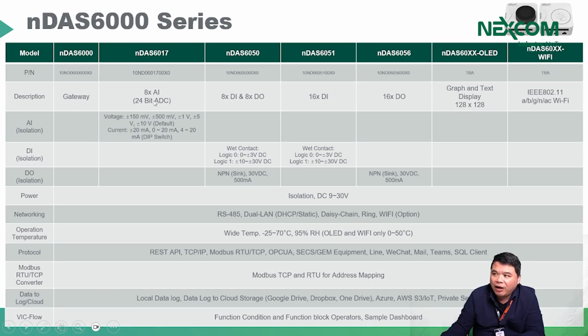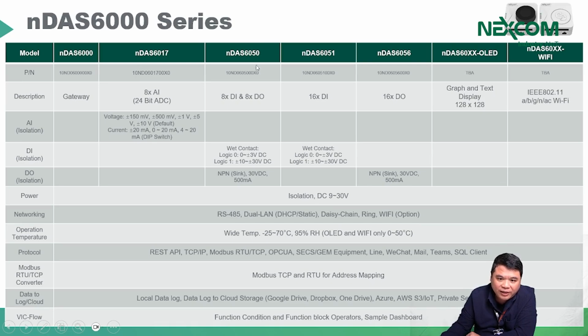You can use analog input. This one is the 6017. We have 8-channel analog, and we use a very high resolution 24-bit ADC. Almost all competitors use 12 or 16-bit ADC. And at the same time, we can support voltage and current. And if you need digital.